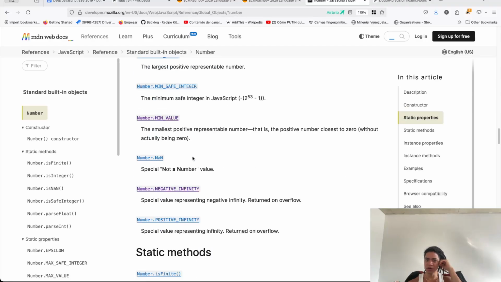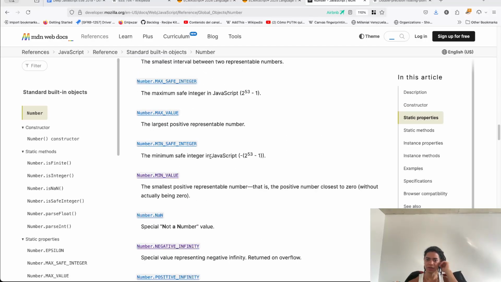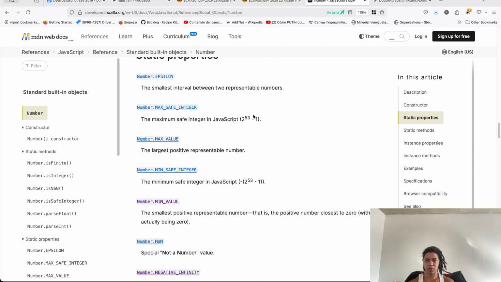I'm looking right now at what is the maximum value that I can represent here. Max safe integer. What does this value represent? The maximum safe integer that we can represent is 2 to the power of 53.